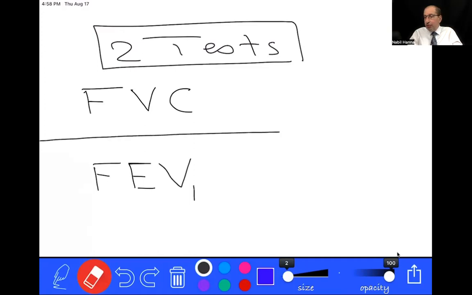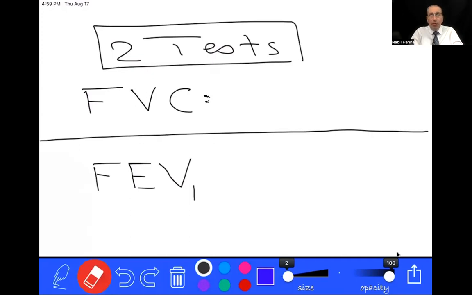So what's the forced vital capacity? We want to know how much air we can fill your lungs with. So how do we measure it? It's much easier to measure the volume of air that fills your lung if we can get it out and then measure it. And this is what we do.